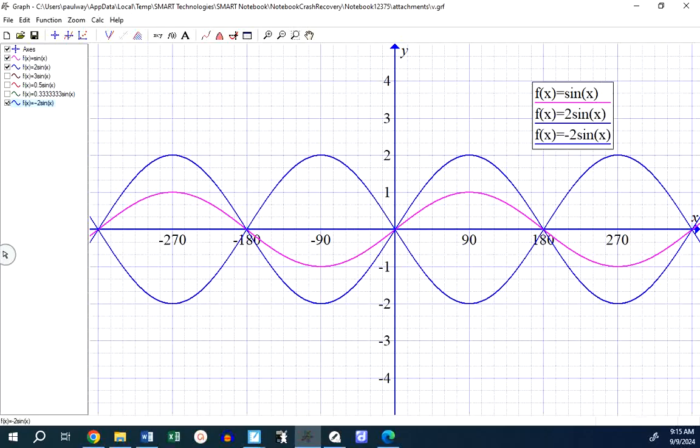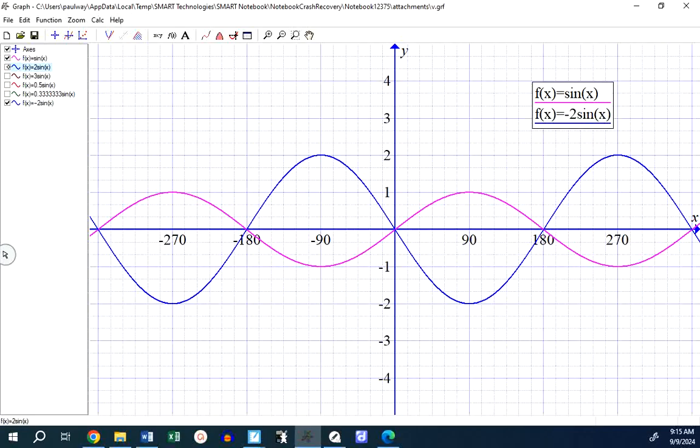If I were to graph -2 sine of x, it looks like that. So -2 sine of x is going to reflect sine of x vertically because there's a negative, which we learned about yesterday. Oh, and by the way, then it will be twice as tall. And that's why we want to use the absolute value signs in our conclusion.